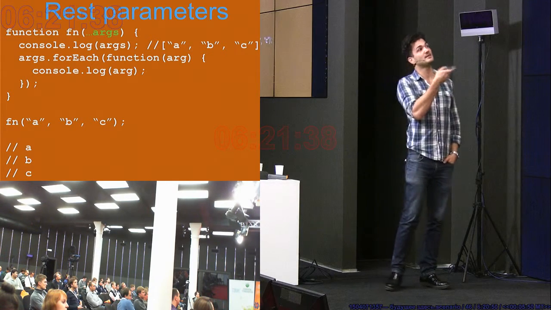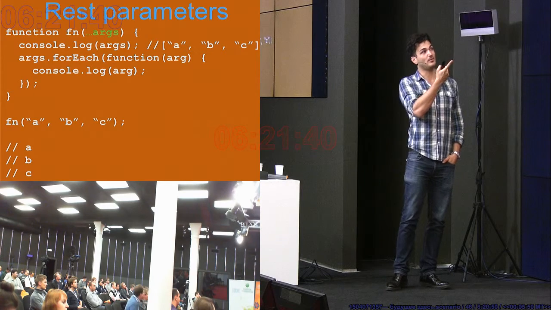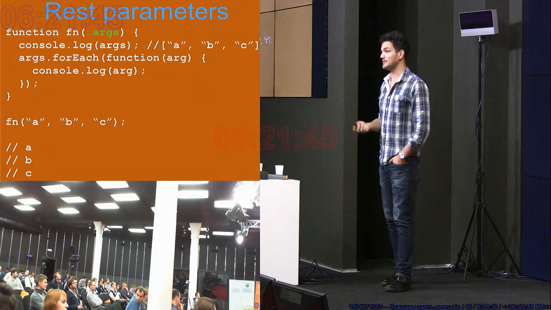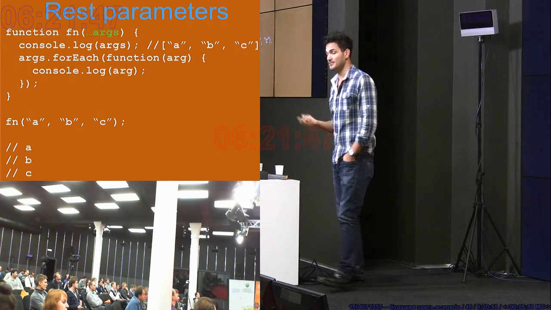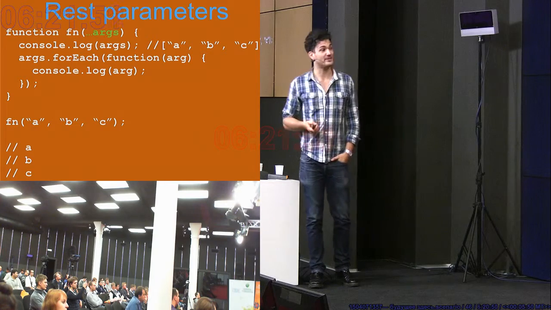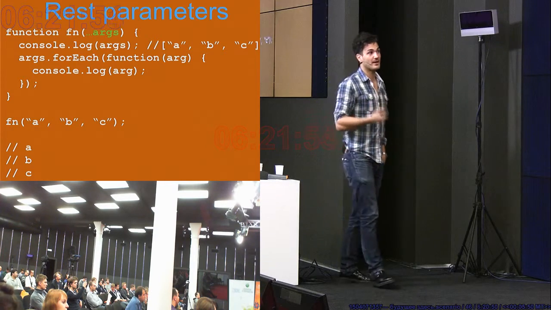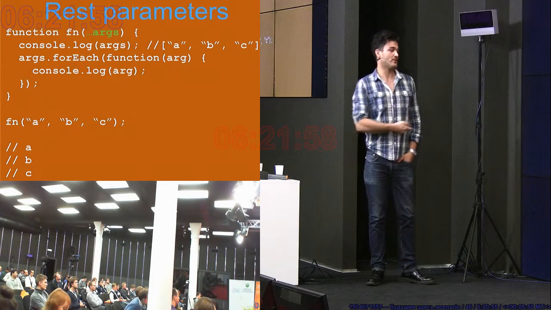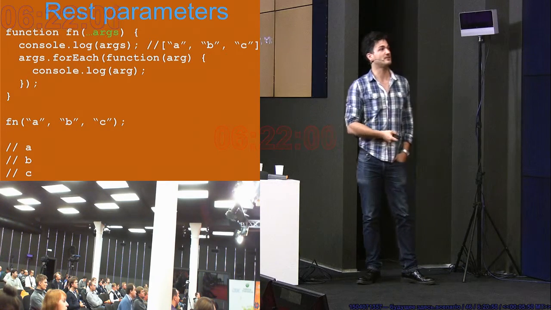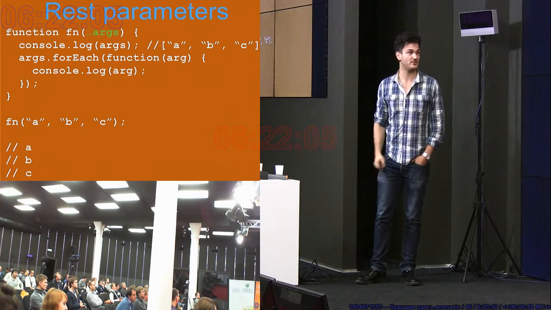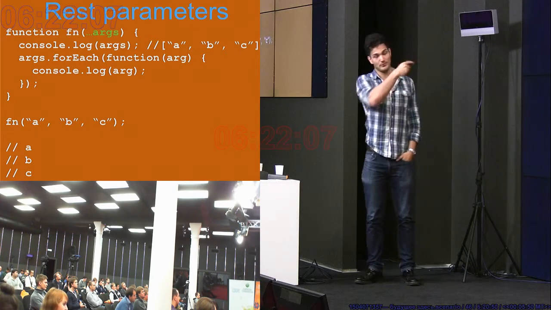In this case, this args variable is an array. In fact, you can apply the forEach method, which you can use on arrays. It's part of ES5. Actually, not many people know that forEach is part of ES5, so you can use it already. For example, as I said, if you pass in A, B, and C to this function, you'll be able to print out the single values because you loop through the array.